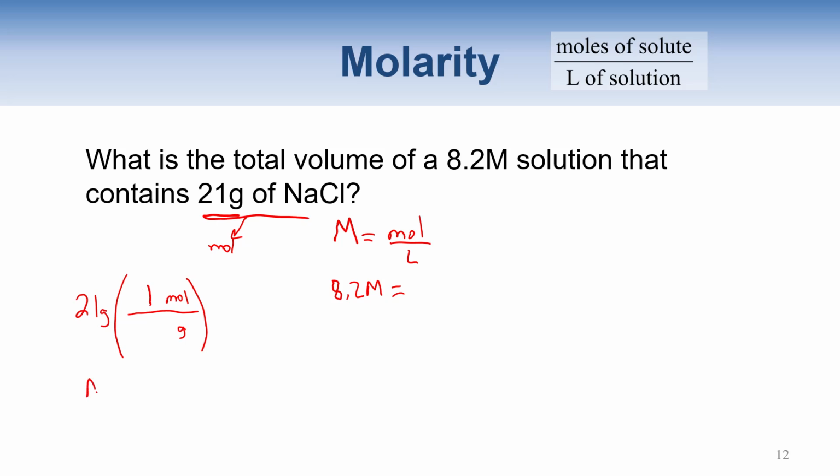So if we have Na and Cl, there's 1 Na. Na is 22.990. And then we have 1 Cl, 35.453. And we're just going to add those up.